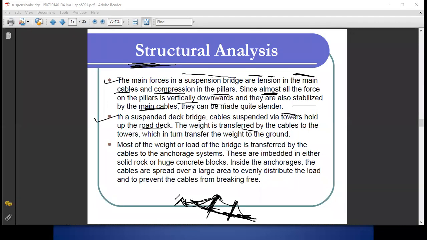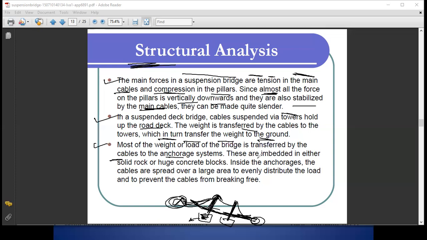Because somewhere below the tower there is a foundation, whatever weight is carried by the cable will be transferred through the pillars or the pylons to the foundation, and the foundation to the ground. So most of the load of the bridge is transferred by the cables to the anchorage system.